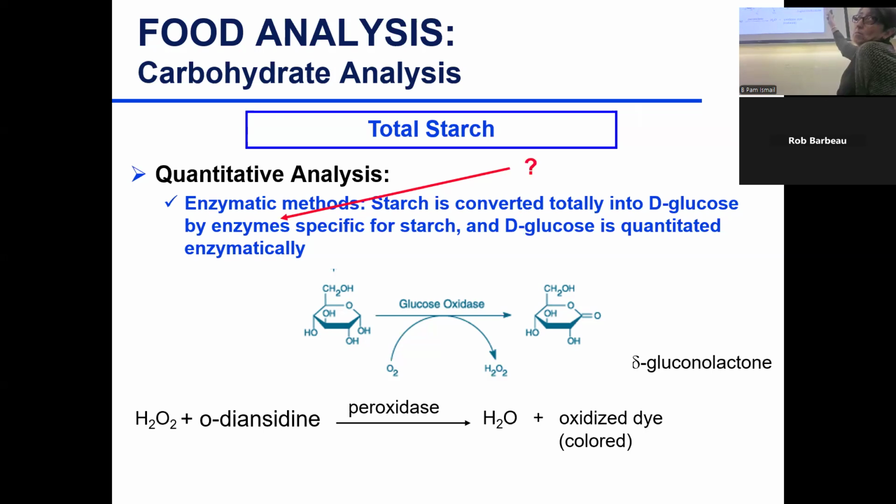We don't care about it. What we care about is that in the process we produce a peroxide, and we add a dye. This peroxide, in the presence of peroxidase, will oxidize the dye and give us a colored dye that we measure using spectroscopy. We run a standard curve with pure glucose, construct a curve, and then convert to total starch.